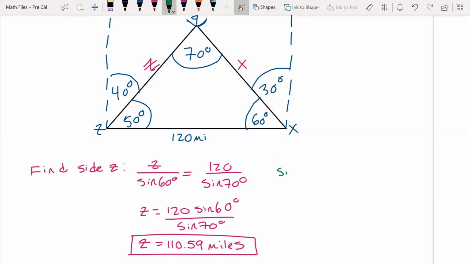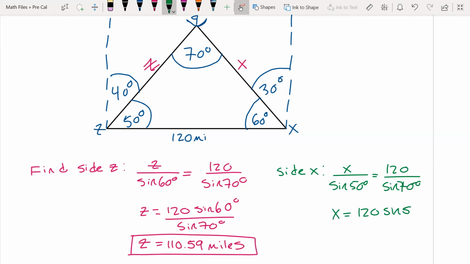And then for side X, you get X over the sine of 50 equal to the same thing, 120 over the sine of 70. And X equals 120 sine of 50 over sine 70.